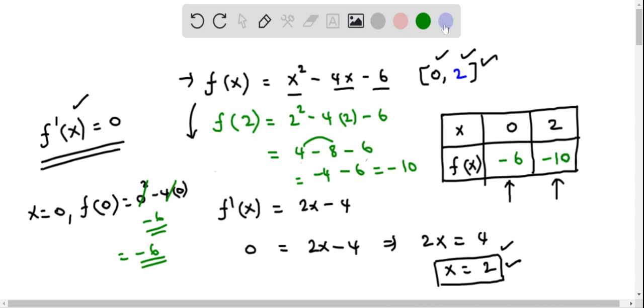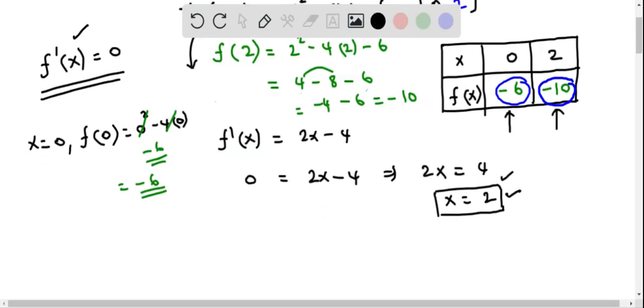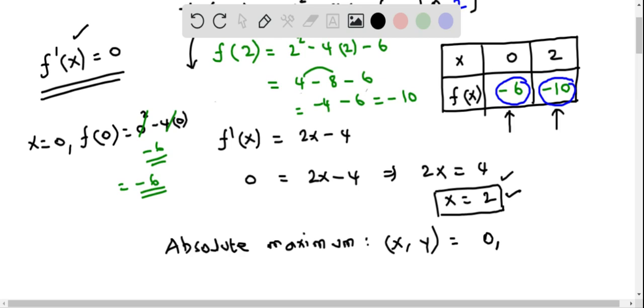So from this table, we have to determine the minimum value as well as the maximum value of the function. Clearly, negative 6 is the maximum value and negative 10 is the minimum value. So therefore, we write absolute maximum as an ordered pair x comma y, and this equals 0 comma negative 6.